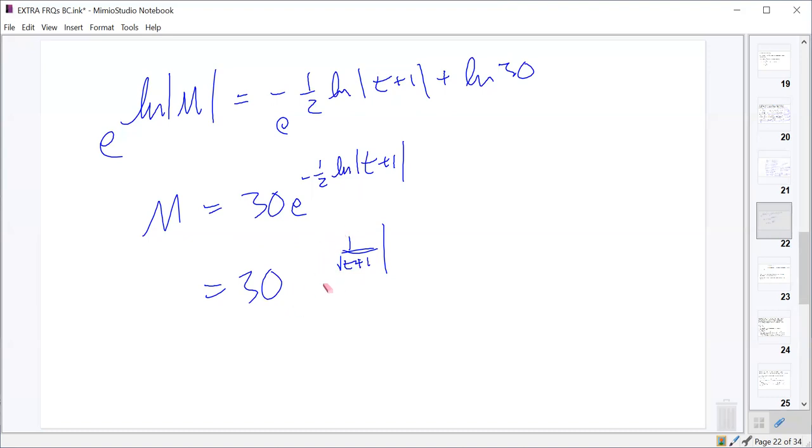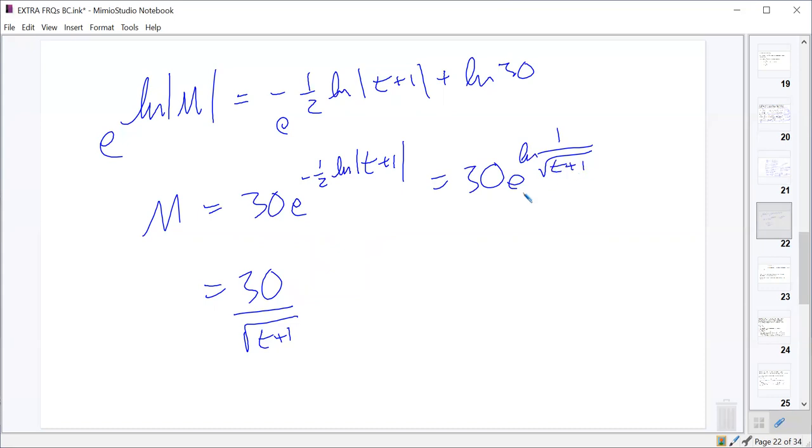I simplified it. Let's simplify that all the way. E to the natural log of something is just that thing. So this just becomes 30 over root t plus 1. If we bring that negative 1/2 in, it just becomes 30 over root 1 plus t.